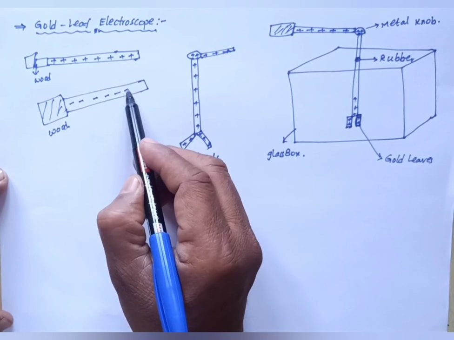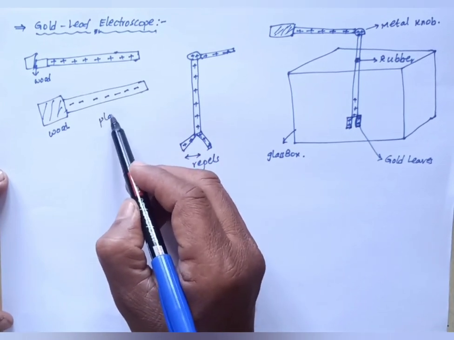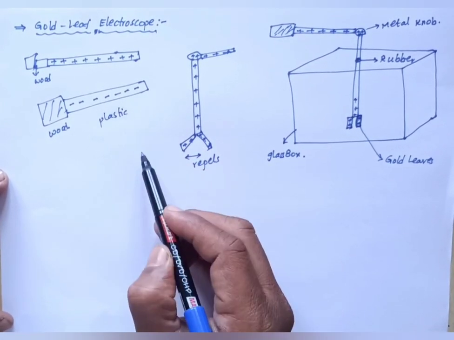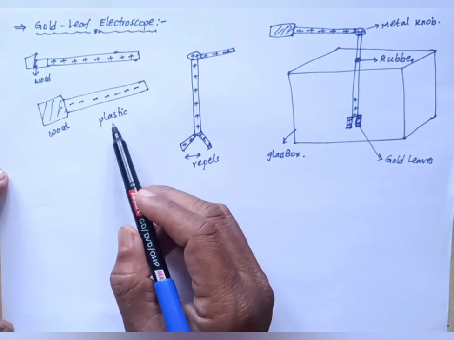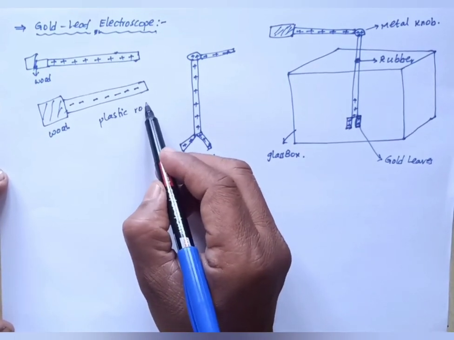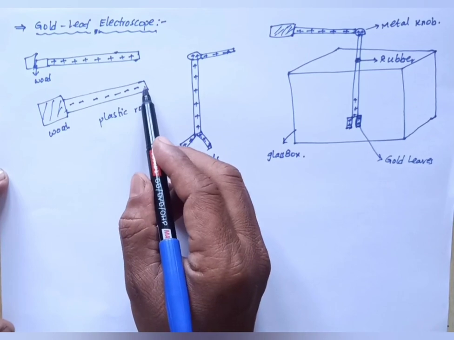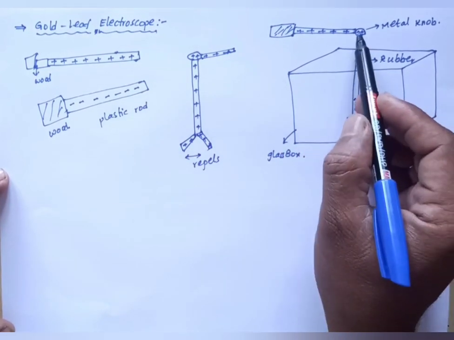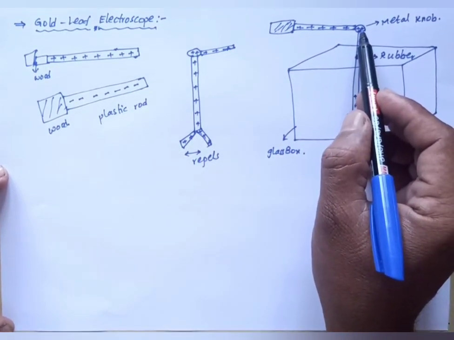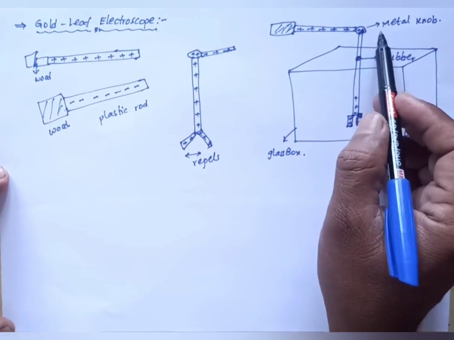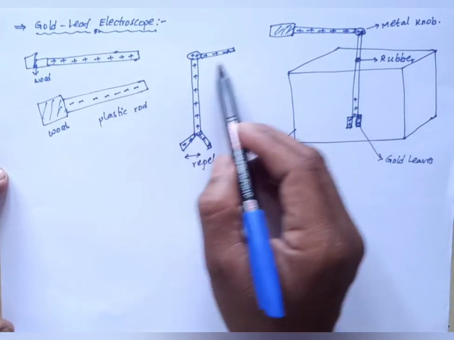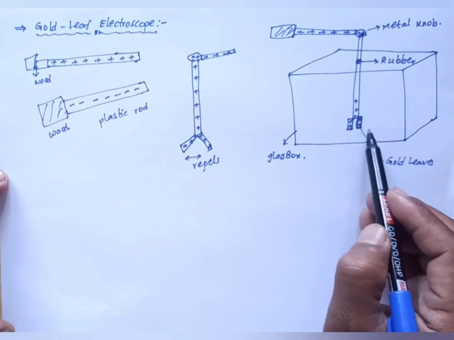When this negatively charged plastic rod touches the metal knob, the negative charges are transferred to the gold leaves.